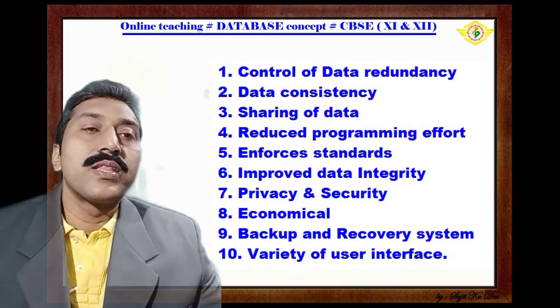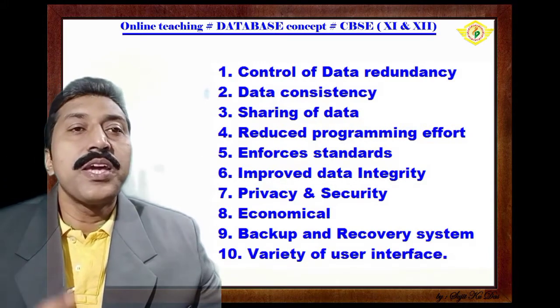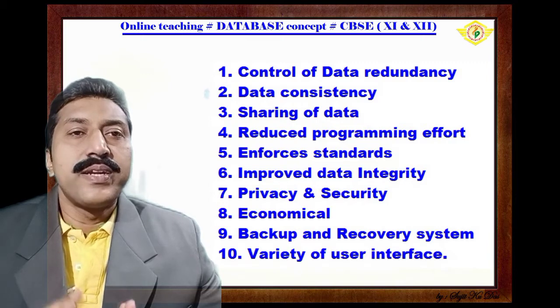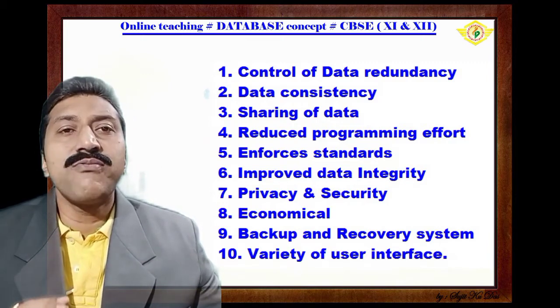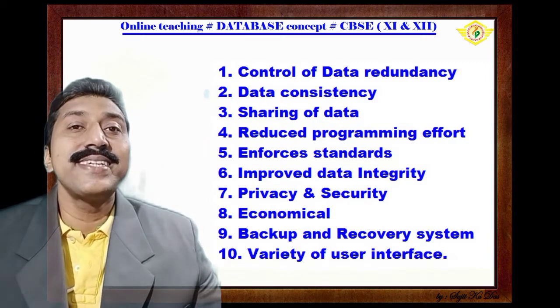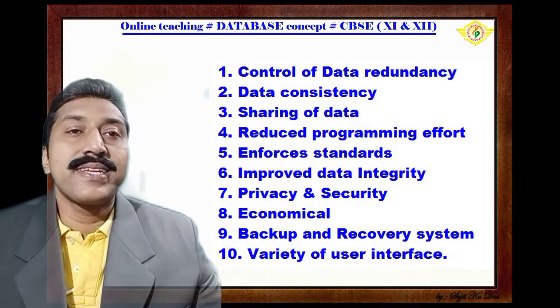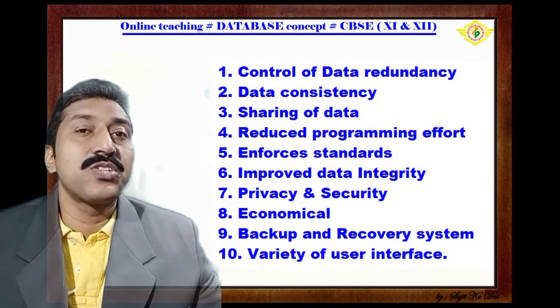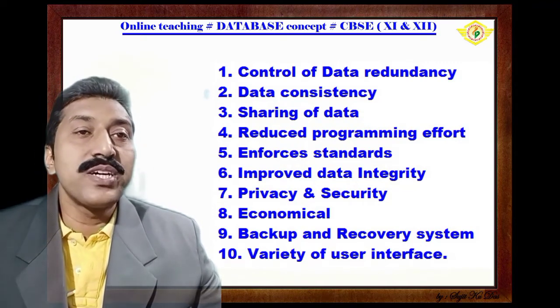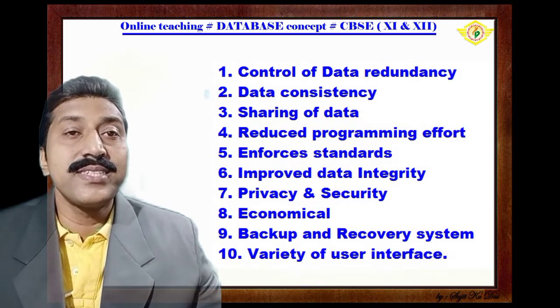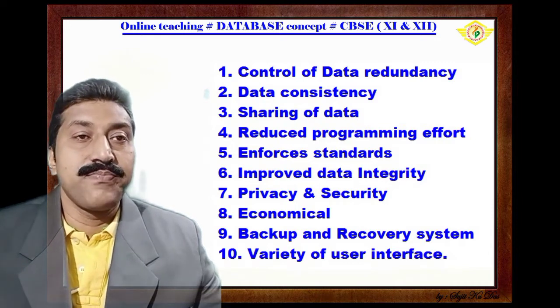Next, improved data integrity. Data integrity refers to the validity and consistency of stored data. For example, the system itself checks that the correct information is entered by the user in the correct format. It consists of various constraints.